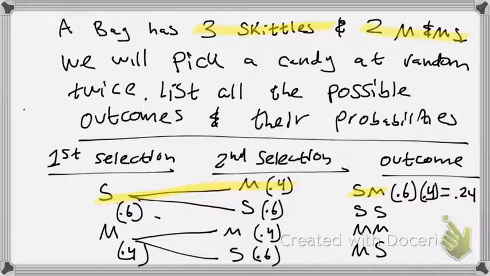And let's look at the other ones. What's the probability of grabbing a Skittle first and then a Skittle second? Here we just multiply the probability of Skittle, which is 0.6, times the probability of another Skittle, which is also 0.6. So 0.6 times 0.6 gets you 0.36.